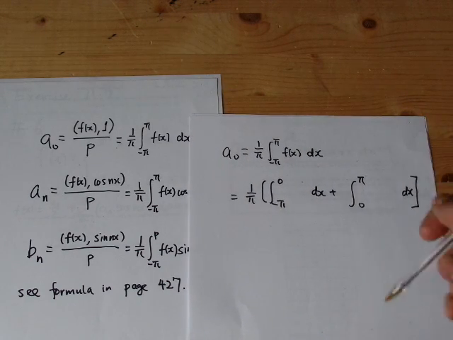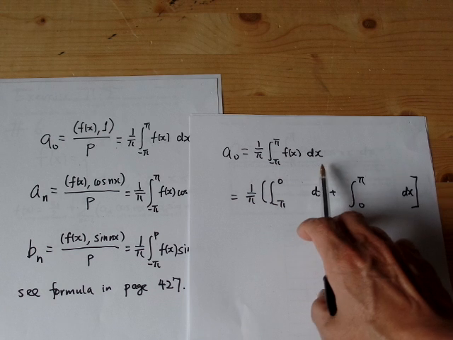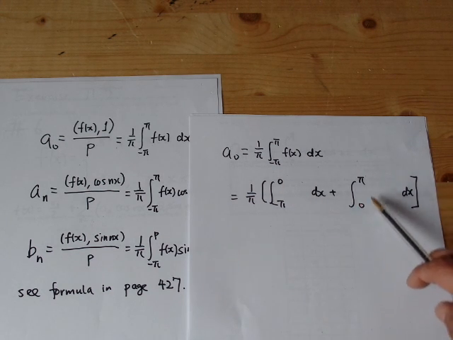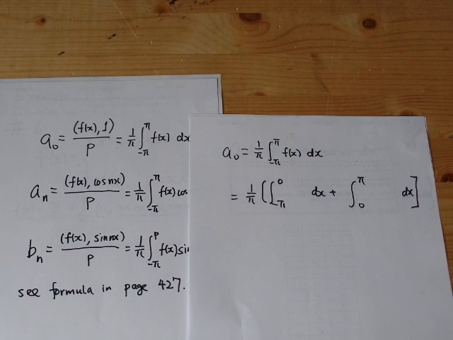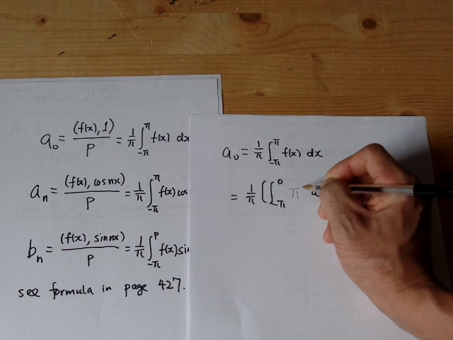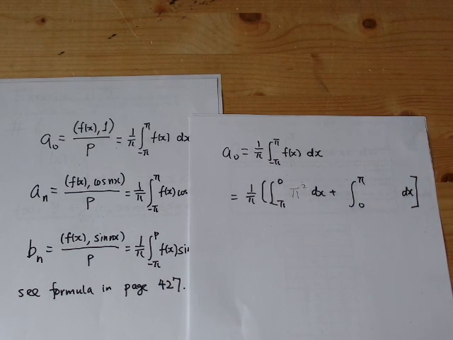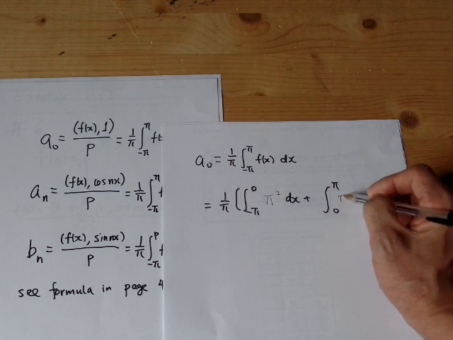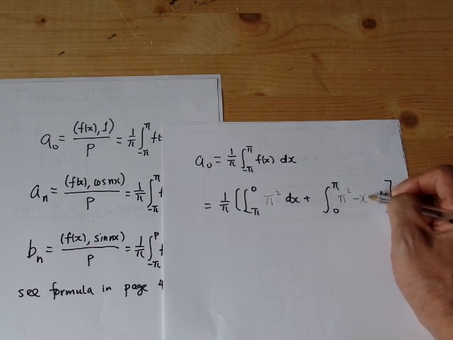So let's start with how we can calculate A0. As you can see, A0 is this integral here, and I've broken up the integral from minus pi to 0 and then from 0 to pi. We know that from minus pi to 0, the function is pi squared. From 0 to pi, the function is pi squared minus x squared.